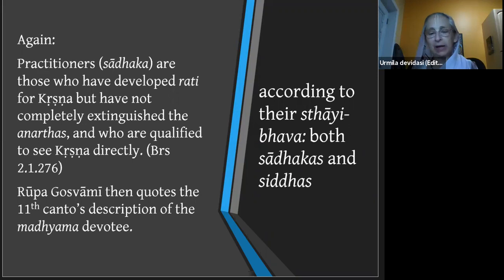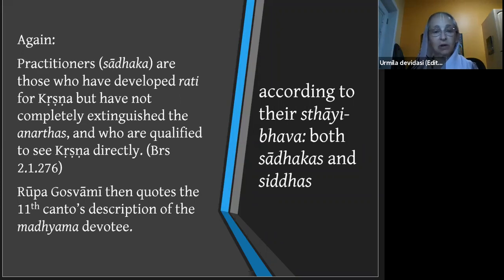We had some people ask a question about seeing Krishna, because the quote given by Rupa Goswami about the sadhakas is that they were seeing Krishna directly. That's Bhakti-rasamrita Sindhu 1.2.276. Practitioners are those who have developed rati for Krishna. Someone asked me in a previous class about rati.